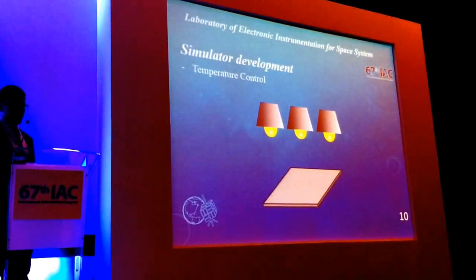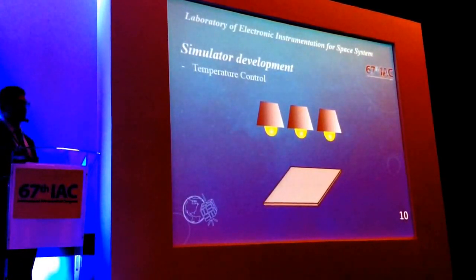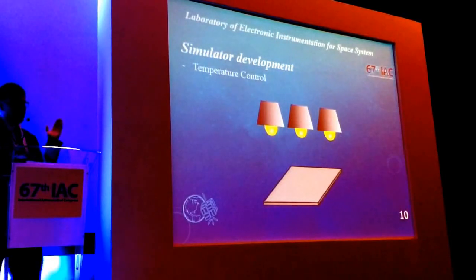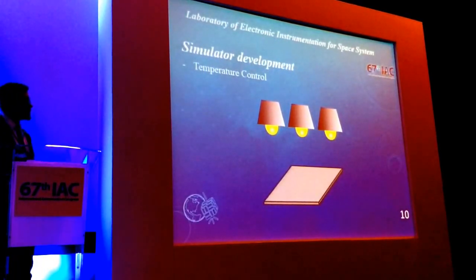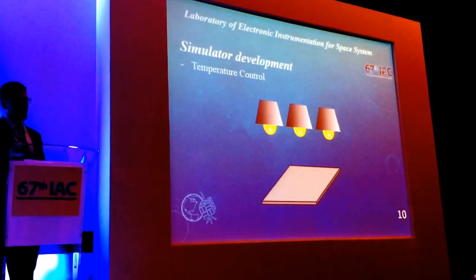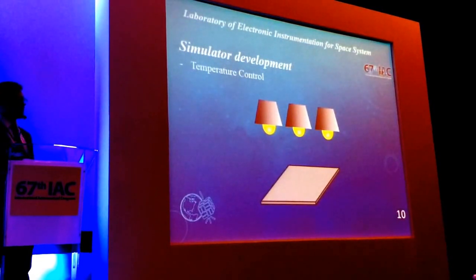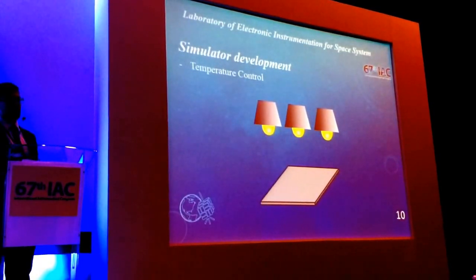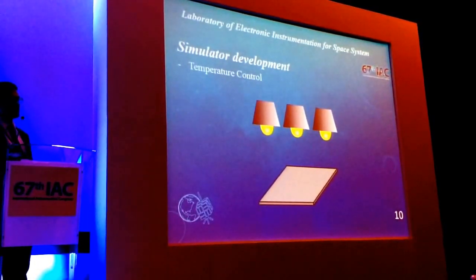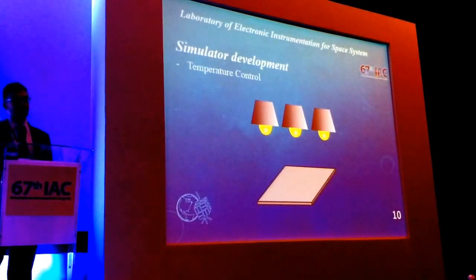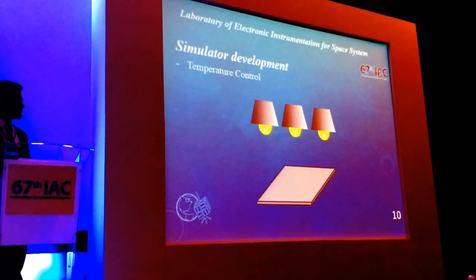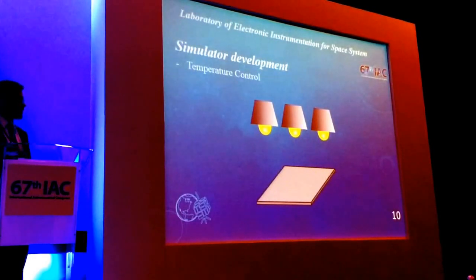And an important point about the light source, as you could see in the past slide, is that we use incandescent lamps, and in these types of lamps, much of the energy used to generate the light is also used to generate heat, and this heat affects the simulation because it reduces the performance of the photovoltaic panels.